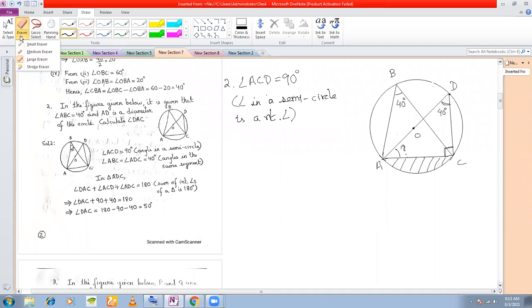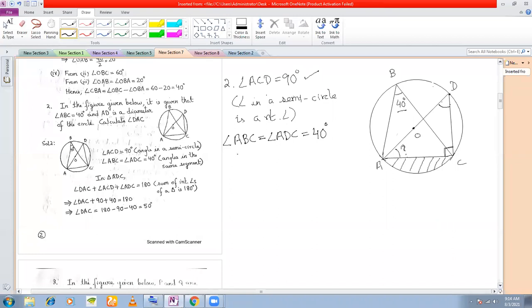Next, what did we realize? We also realized that not only this angle is 90 degree, but also this angle and this angle are equal. So let's write this. Angle ABC is equal to angle ADC is equal to 40 degree.